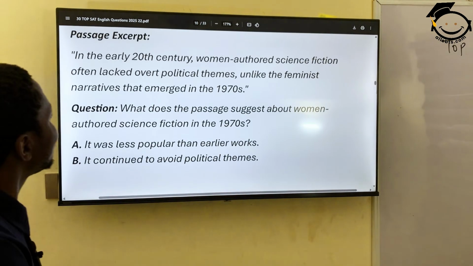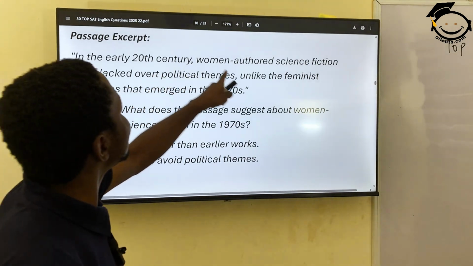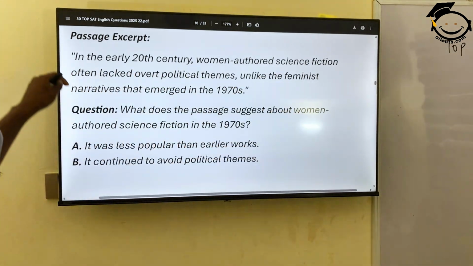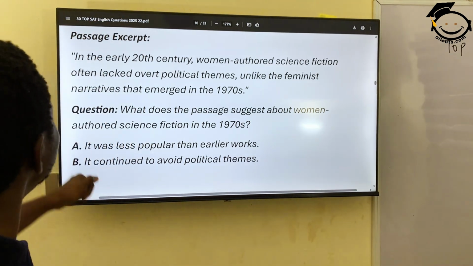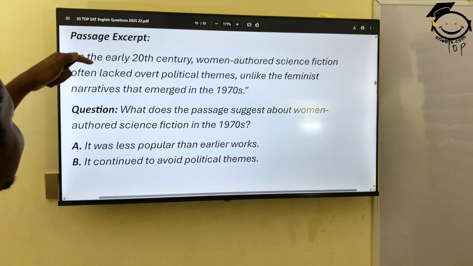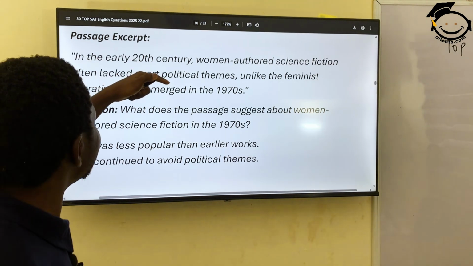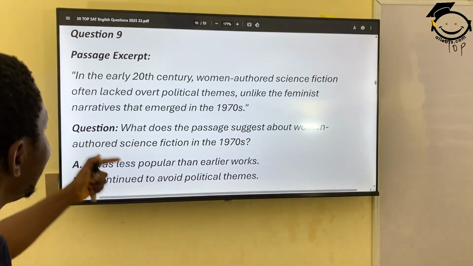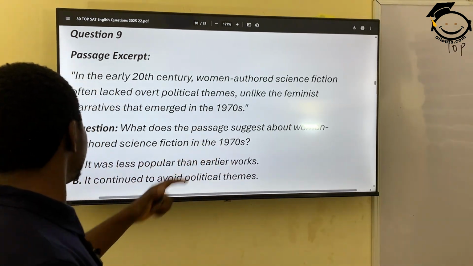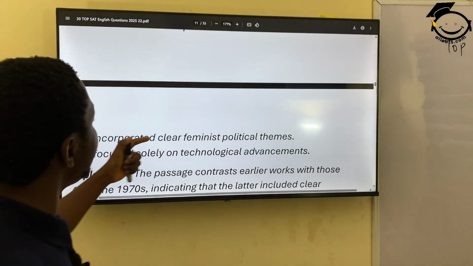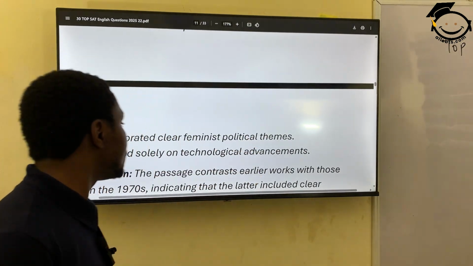Let's go back to the question. It says in the early 20th century, women-authored science fictions lacked overt political themes, unlike the feminist narrative that emerged in the 1970s. It was less popular than earlier works. It continued to avoid political themes. C, it incorporated clear feminist political themes.